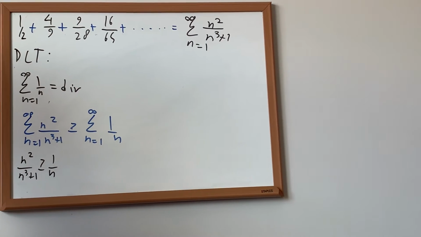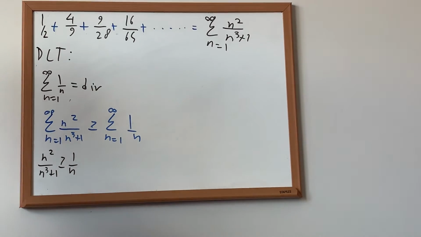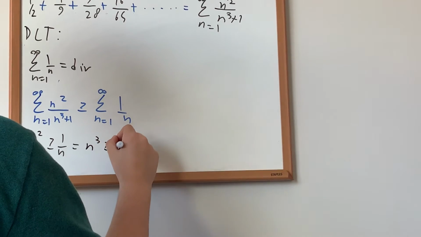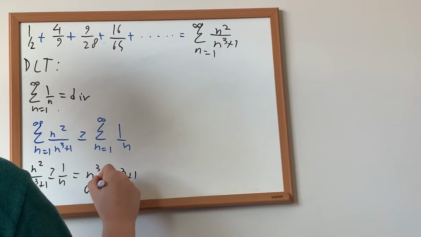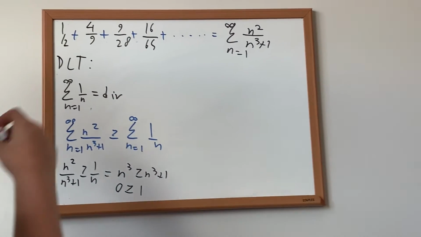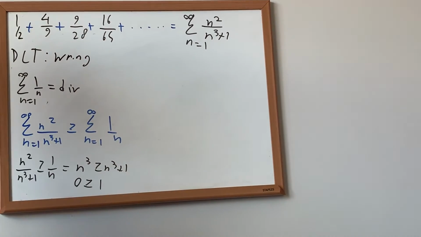Now we can use cross multiplication. What we get is n cubed is greater than or equal to n cubed plus 1, and if we subtract both sides, we get 0 is greater than or equal to 1. And this is wrong. So the direct comparison test fails in this case.